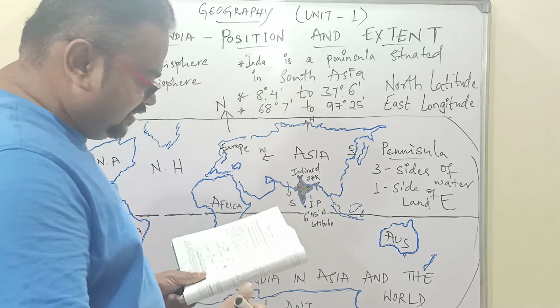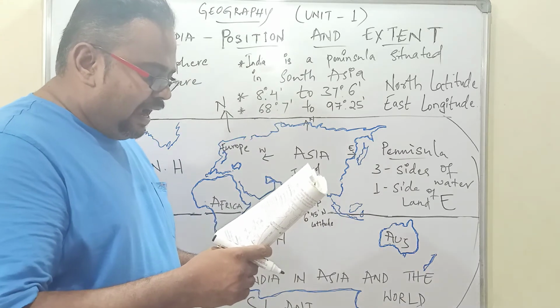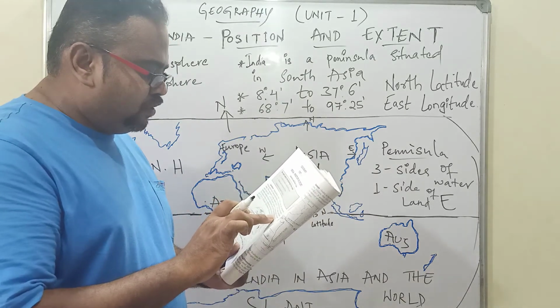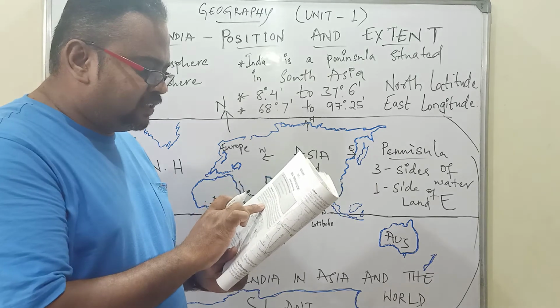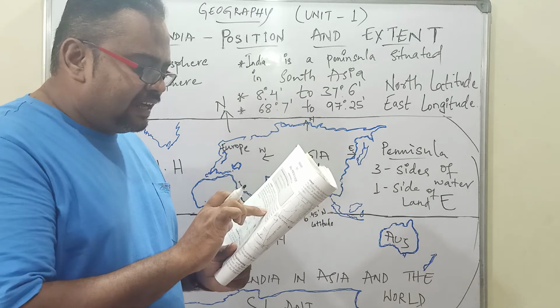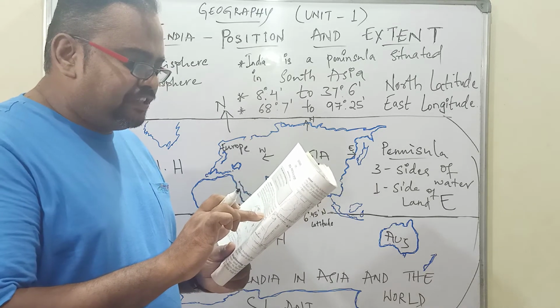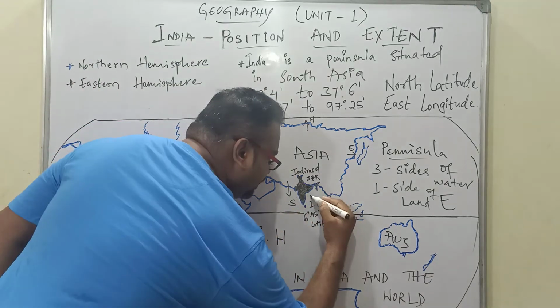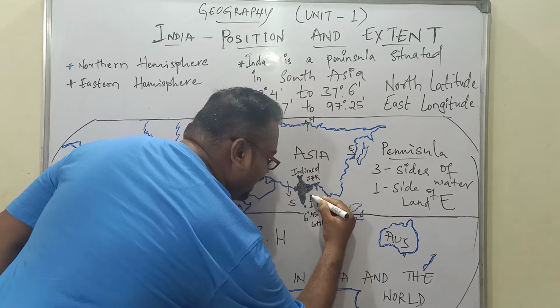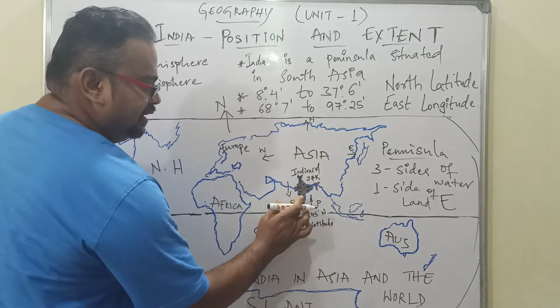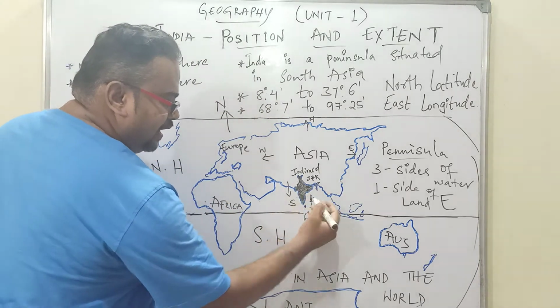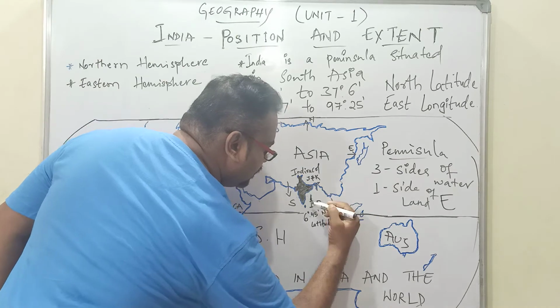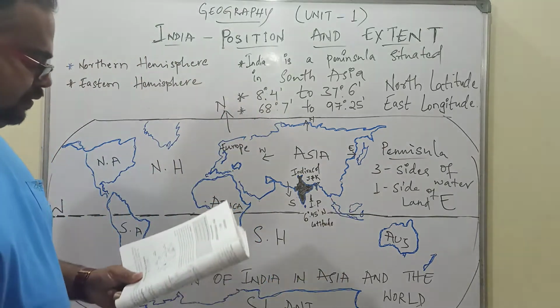This is how it is positioned, and the Andaman and Nicobar Islands extend further southwards and add to India's latitudinal extent. Here you can see the Andaman and Nicobar Islands next to India, which I have marked here. Clear?